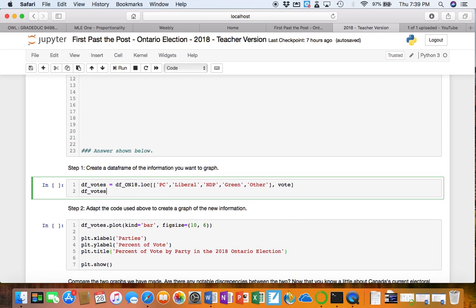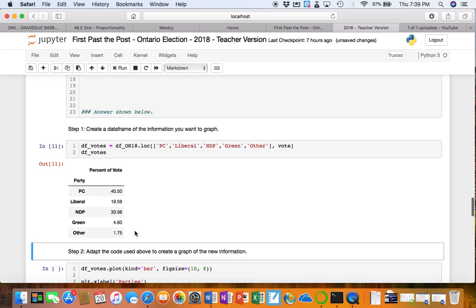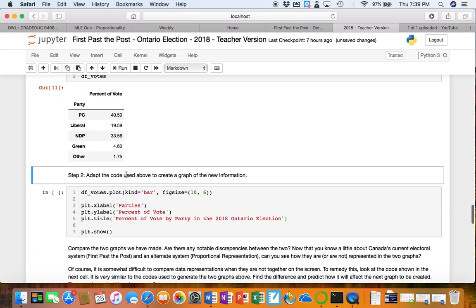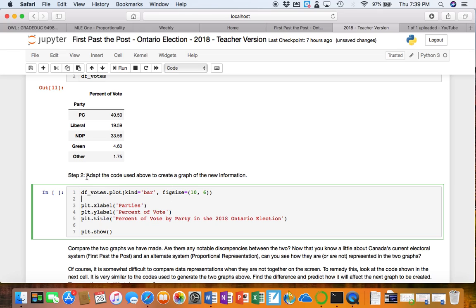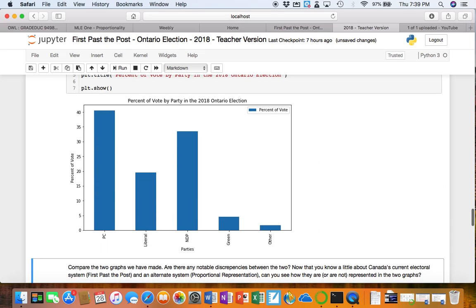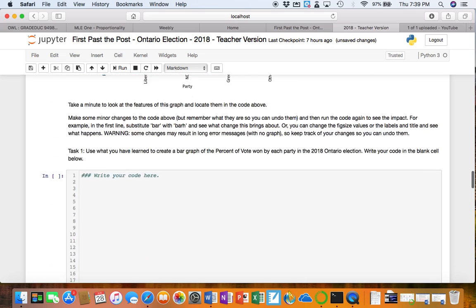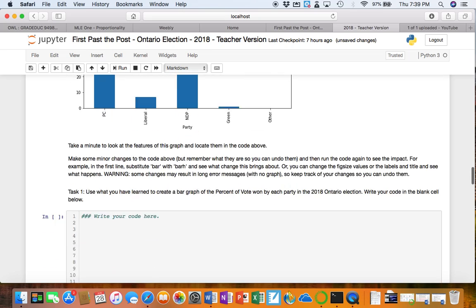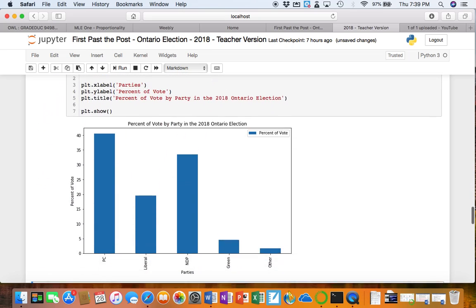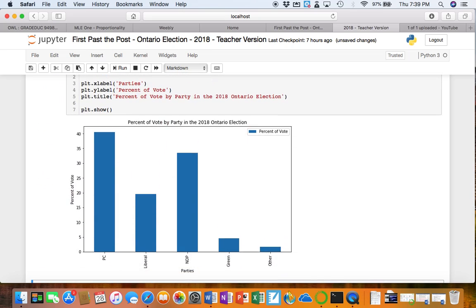So this code will create the data frame, this time with percent of vote. And this code right here is exactly the same as the one that created the graph above, except we're using the different data frame. We're using df_votes, not df_seats, and we get a graph that looks different. Now we can compare these graphs and try to see whether the results are proportional or not.